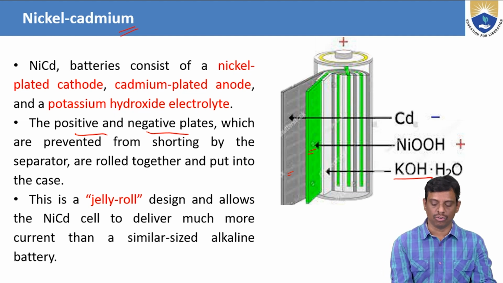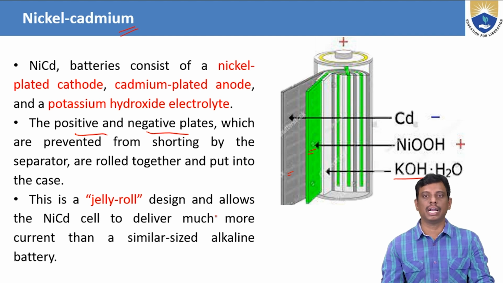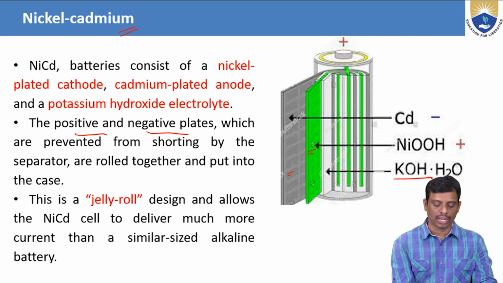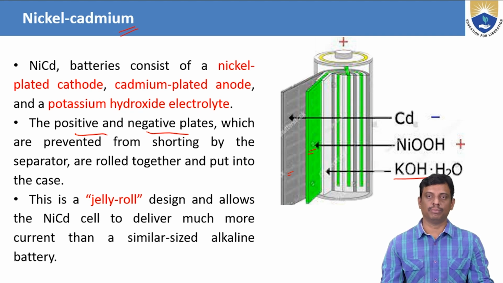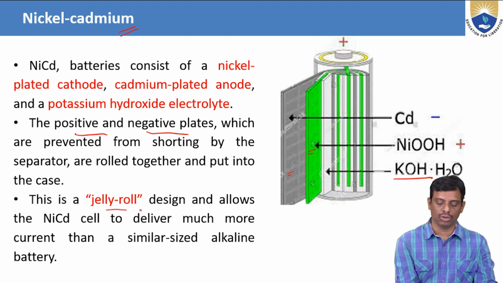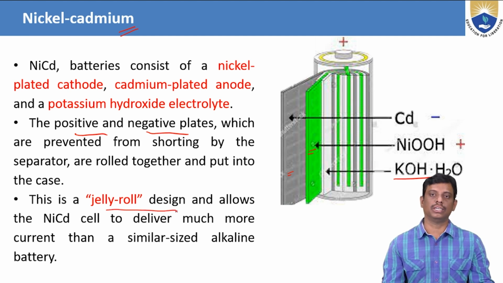The jelly roll design allows the nickel cadmium to deliver much more current than a similar sized alkaline battery. For producing high density of current, we shaped the anode and cathode in the jelly roll design, which allows high current and prevents shorting during the electrochemical reaction.